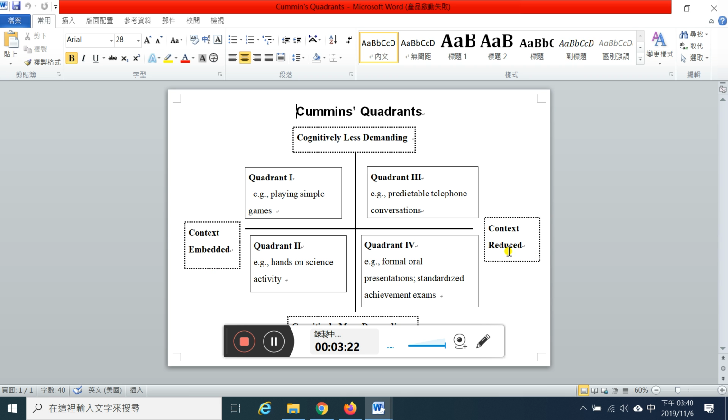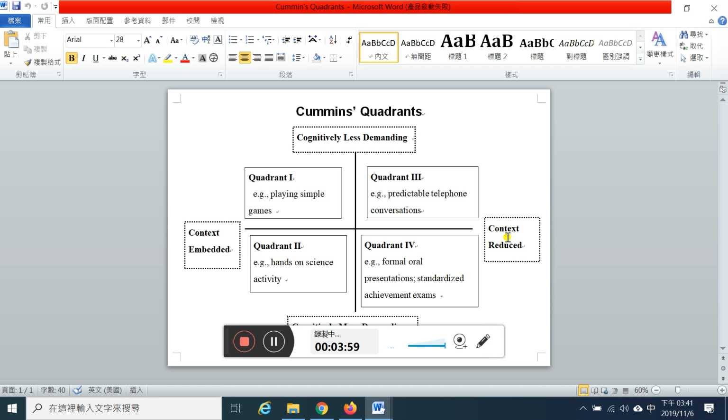And for context reduced, please write down less clues. In this language situation, we don't have much information to guess what our conversational partner means. For example, in a telephone conversation, you cannot watch people's reactions. You can only infer people's meaning through the sound or the intonation of their utterance.